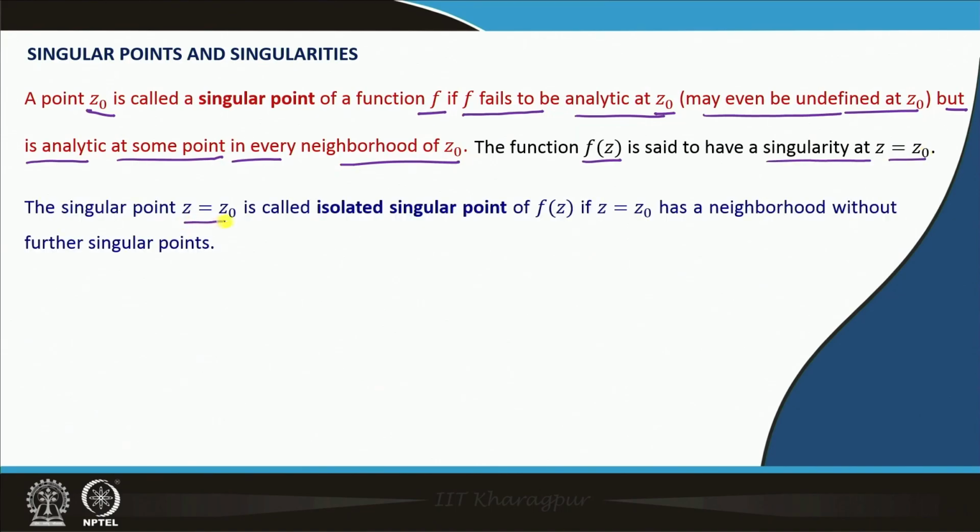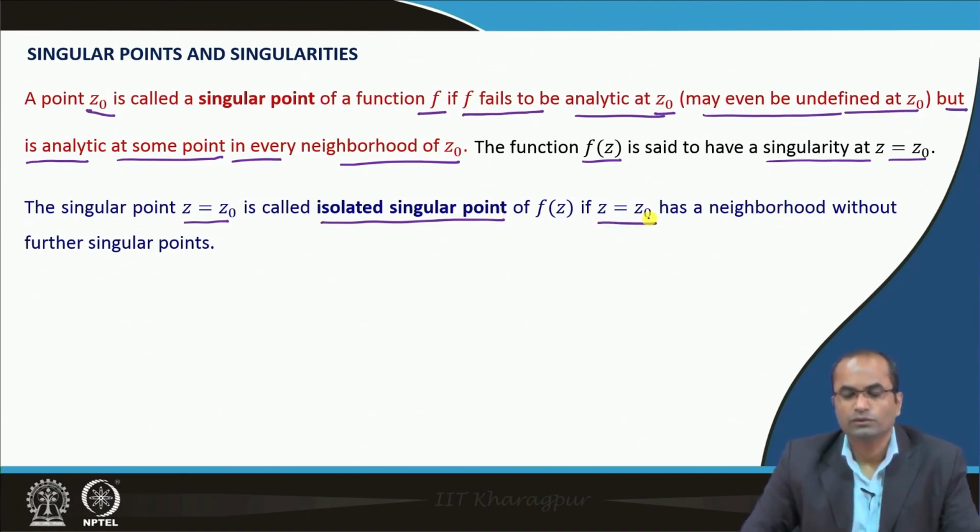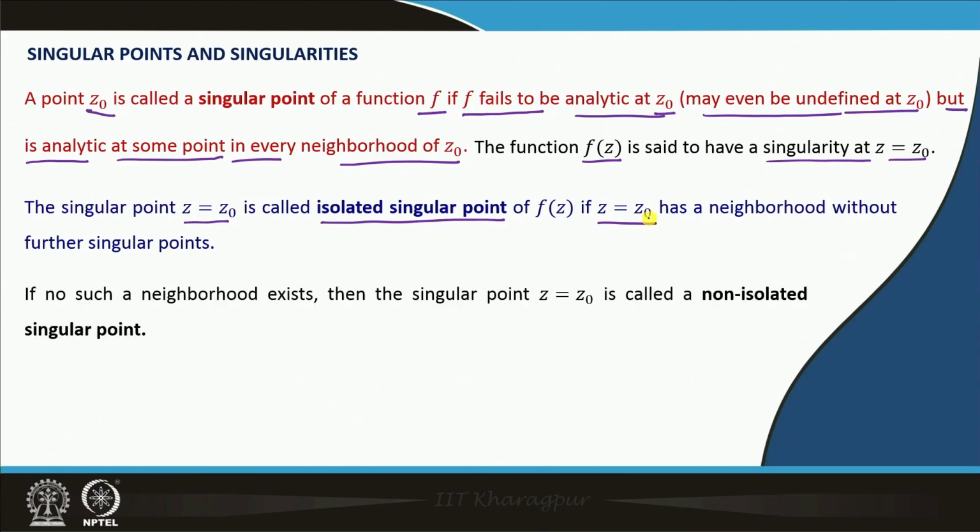The singular point z0 is called an isolated singular point of f(z) if z0 has a neighborhood without further singular points. If no such neighborhood exists, that means every neighborhood has a singular point, then such a point is called a non-isolated singular point.